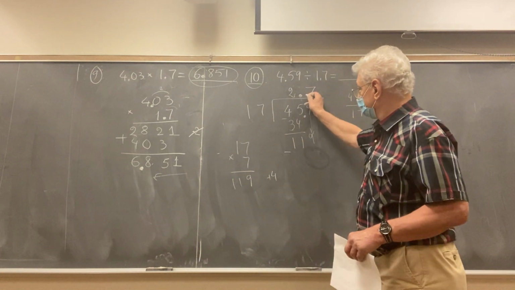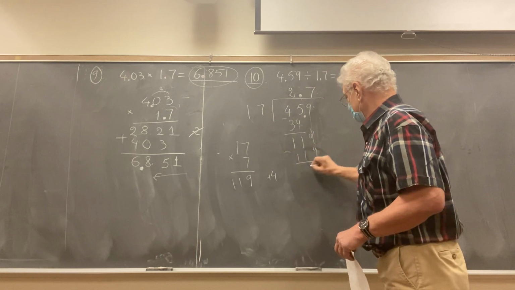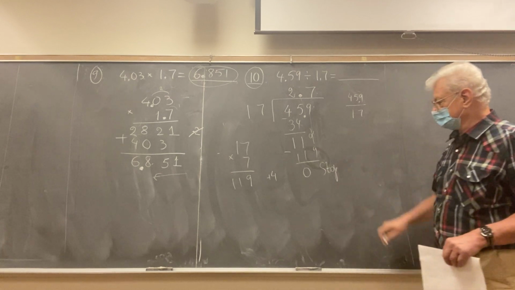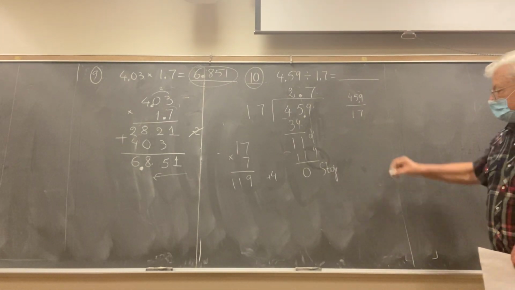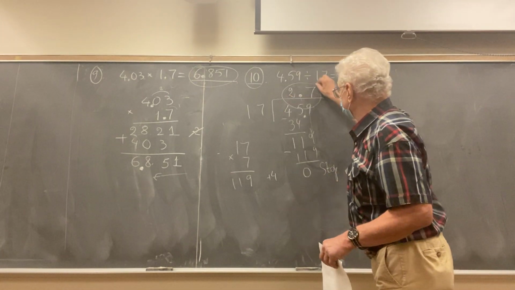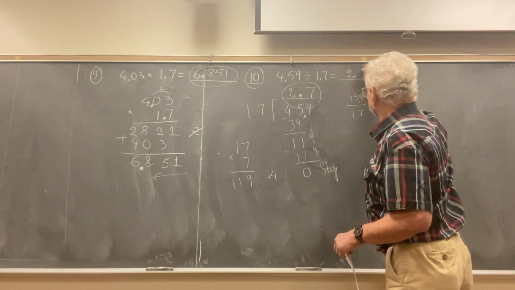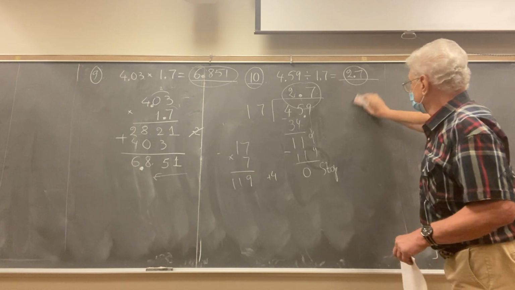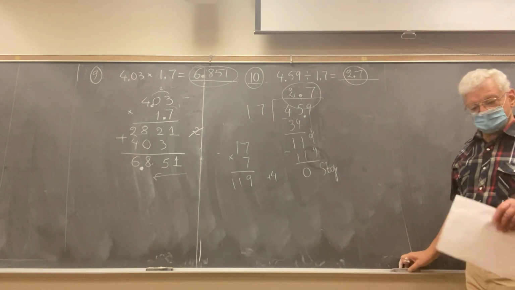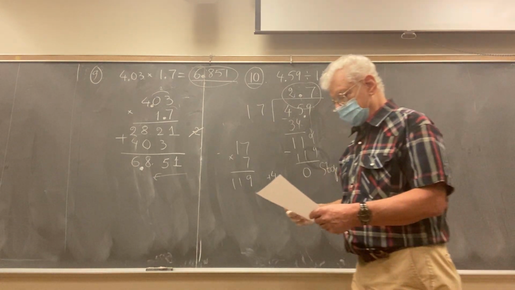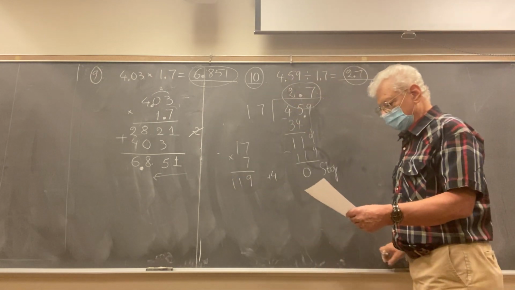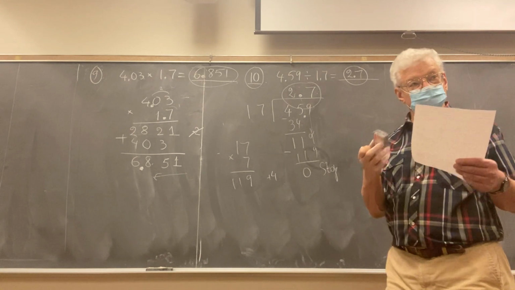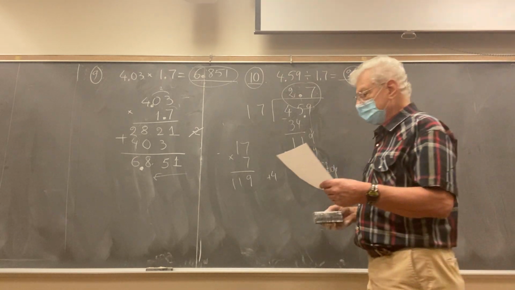So when you multiply, you get 119. You get 0, and 0 tells you to stop. So the answer is 2.7. Circle 2.7. Got it? Many students got the correct answer but didn't do the long division, so you have to show the long division.